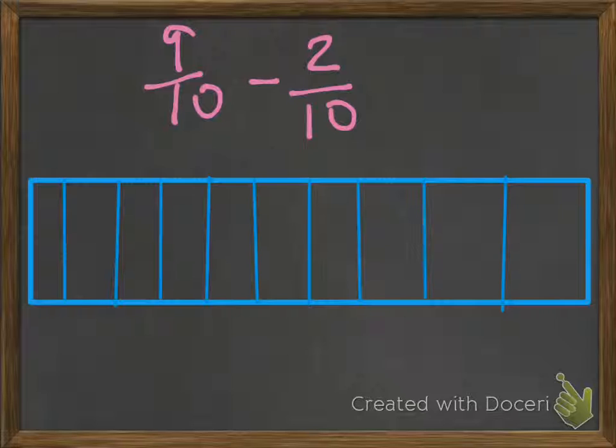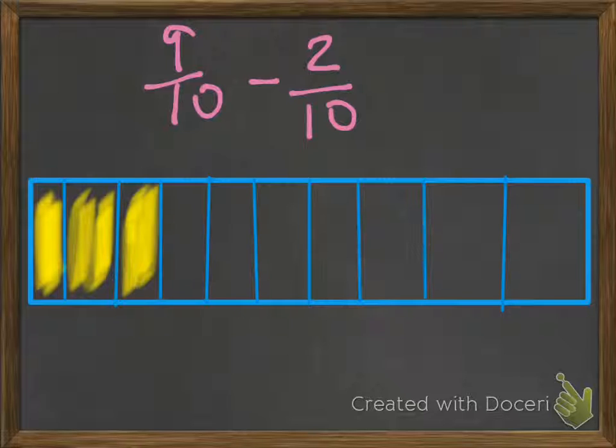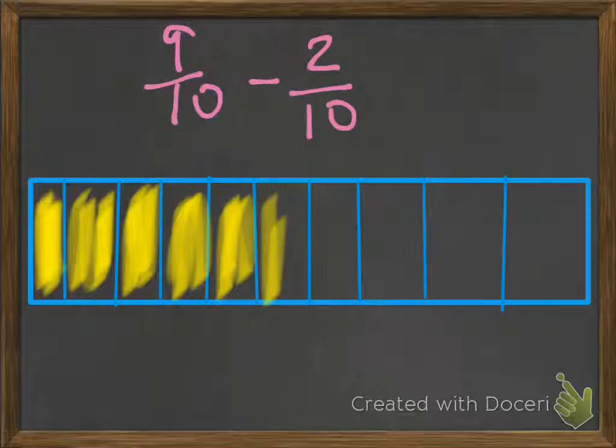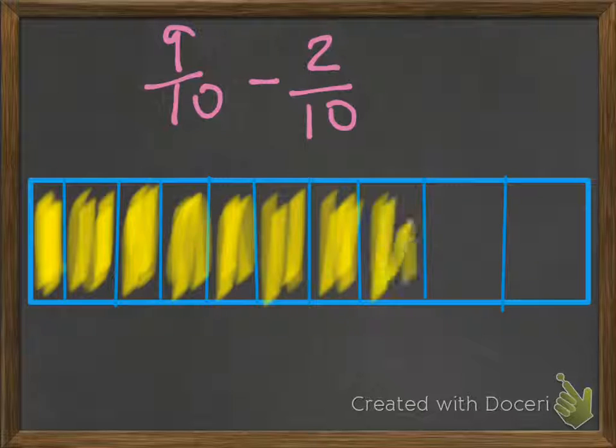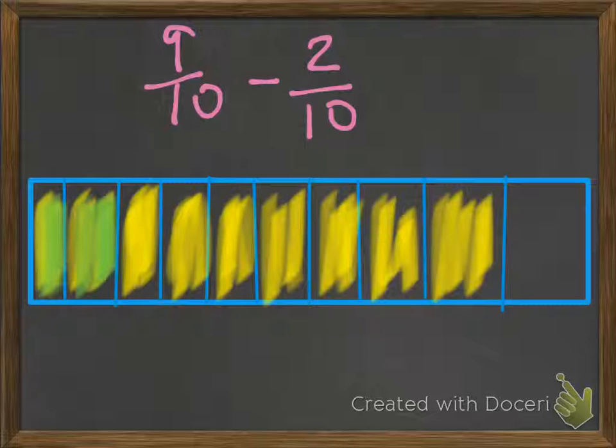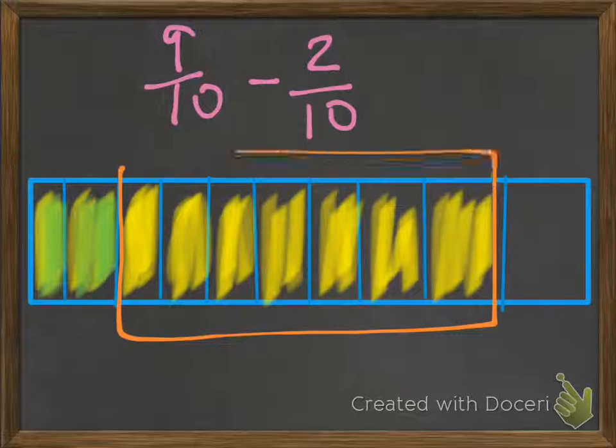So we can go ahead and start off with 9/10. So 1, 2, 3, 4, 5, 6, 7, 8, 9. And we're going to subtract 2. 1, 2. So what do we have left over? Right here. We have 1/10.